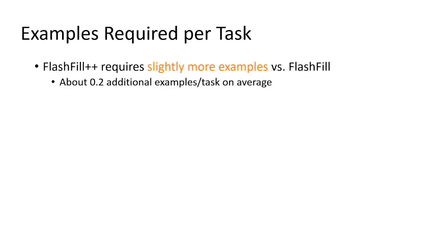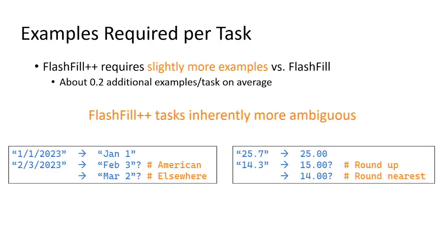On the other hand, I noticed that it required slightly more examples than FlashFill. It required on average 0.2 additional examples per task, right? But then we looked at it, and the tasks FlashFill++ solves are inherently more ambiguous. If you look at this date, 1/1/2023, and translate it to Jan 1st, what should be returned for this one?